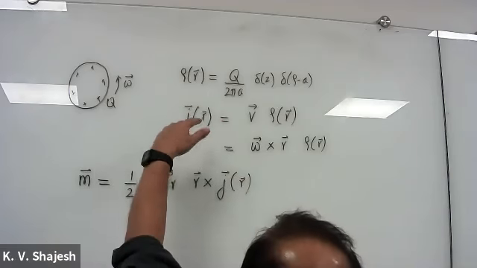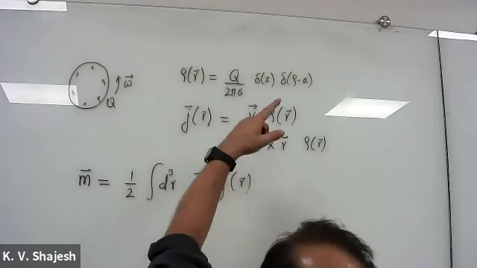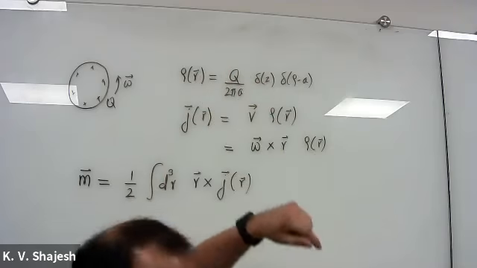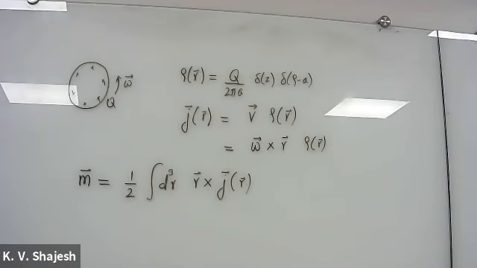J is coming because of the rotation and because the charge density is there. So first get the charge density, that because of the rotation leads to a current density, and the current density leads to a magnetic dipole moment, and we can do this integral now.